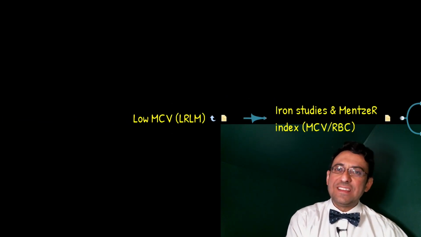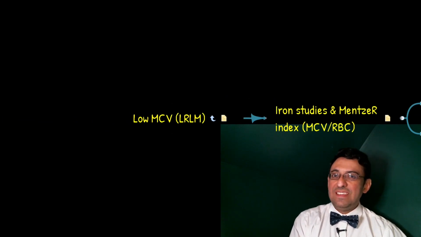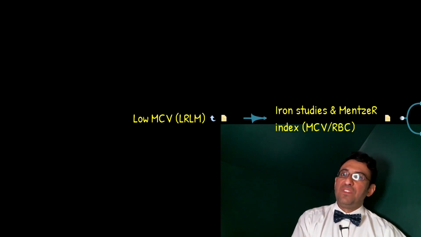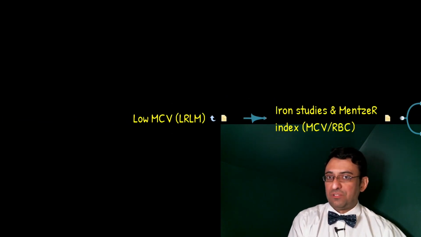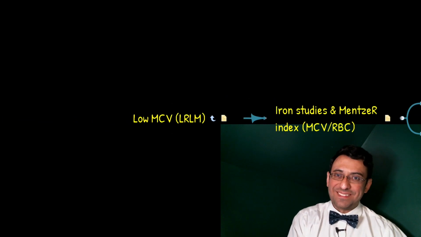And the answer is copper is involved in cytochrome c oxidase, which converts ferrous iron to ferric iron, Fe2+ to Fe3+, and it's the Fe3+ that could get incorporated into heme synthesis.